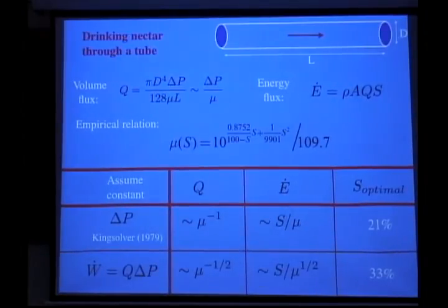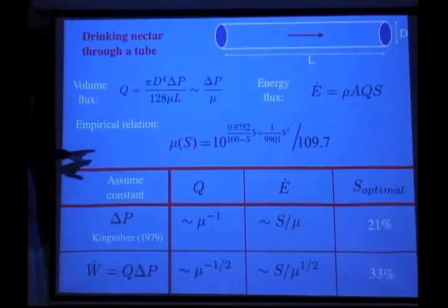If you're drinking nectar, the higher the sugar concentration, the greater the energetic reward. So if you can take in the same flux of a nectar with higher sugar concentration, you get more energy, so it's better for you. The problem is that the viscosity of the fluid goes up exponentially with sugar concentration. So there's an energetic penalty to drawing up very sweet nectar.